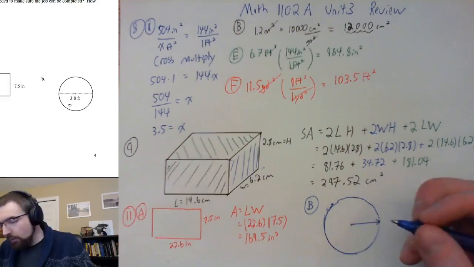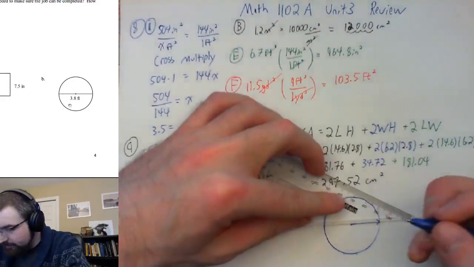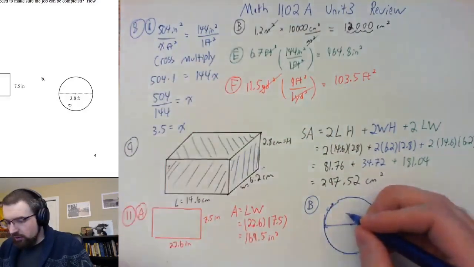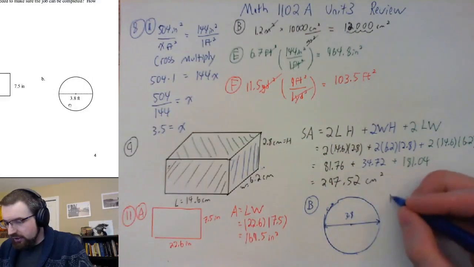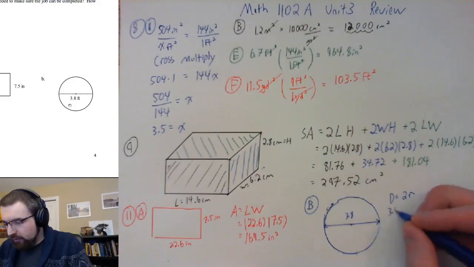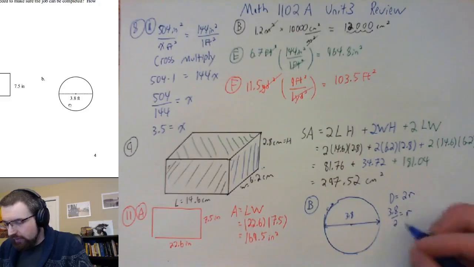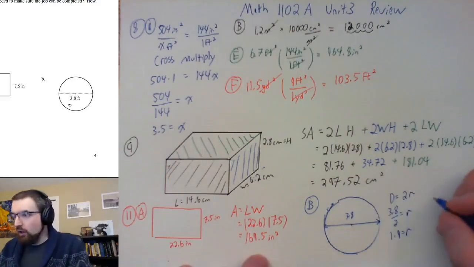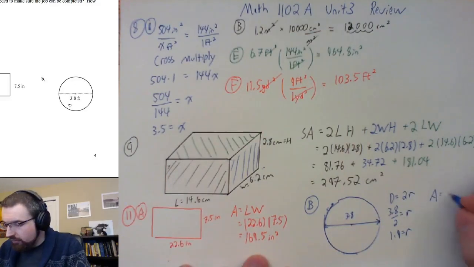So here we've got, oh, we don't have a radius, we have a diameter. The diameter is equal to 3.8. Remember, the diameter is equal to twice the radius. So 3.8 over 2 is equal to the radius. So the radius is going to be 1.9. Then we have to know that the area of a circle is pi times radius squared.